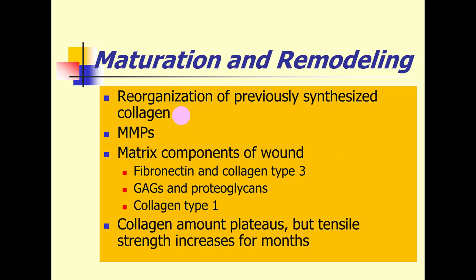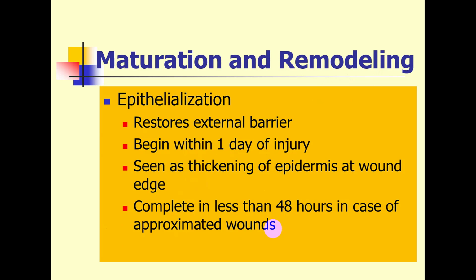This process can be considered to reach 12 weeks or 3 months until full maturation and remodeling, and sometimes even 6 months to complete remodeling. The matrix components change, and the collagen amount changes, so the tensile strength increases for months.